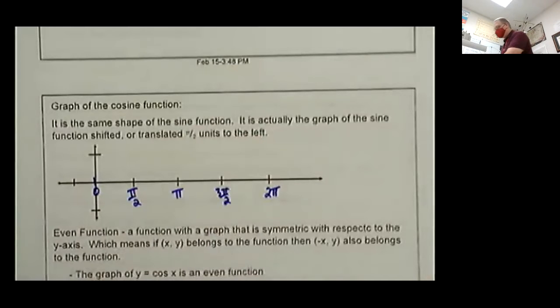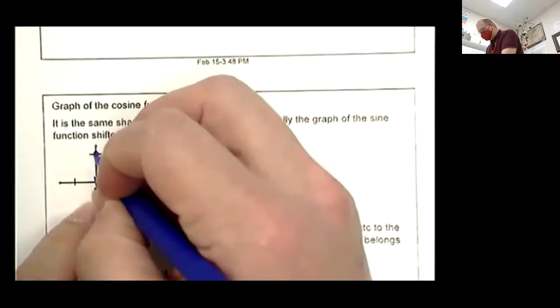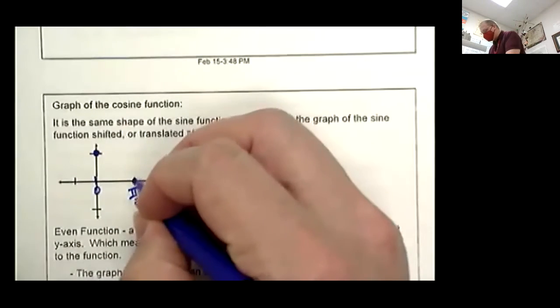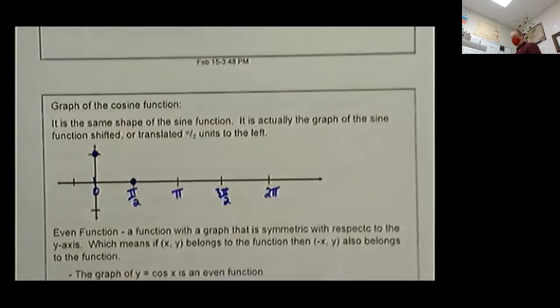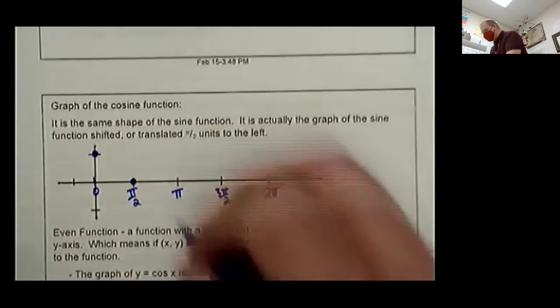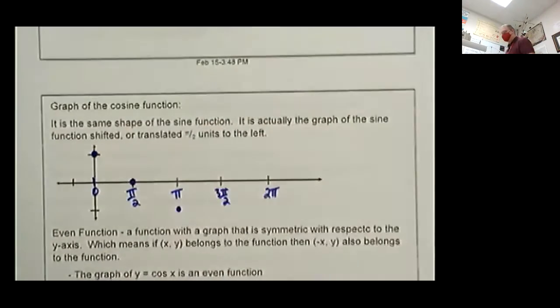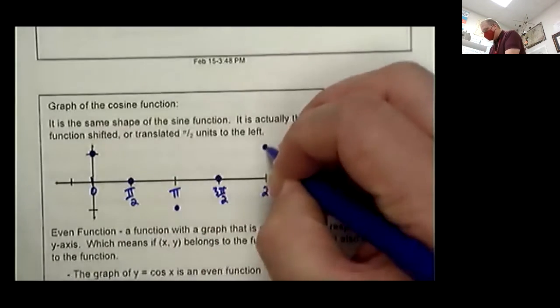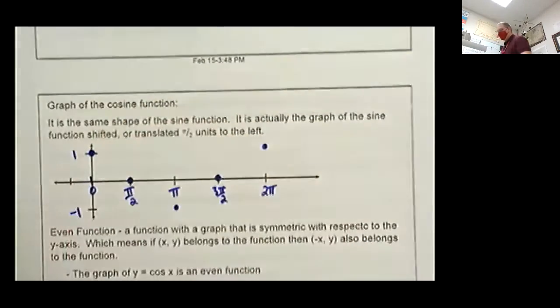At 0, cosine starts at 1. Our horizontal value is 1. At pi halves, at 90, our horizontal value goes to 0. At pi, our horizontal value is now -1. At 3 pi halves, our horizontal value went back to 0. And at 2 pi, we're back to 1.